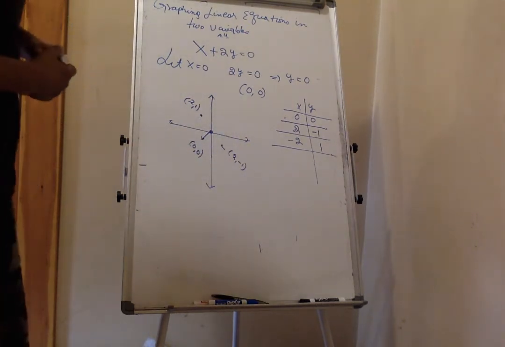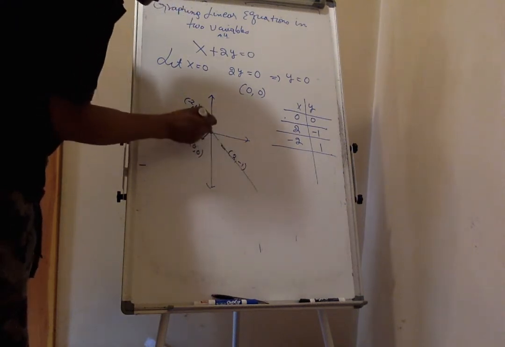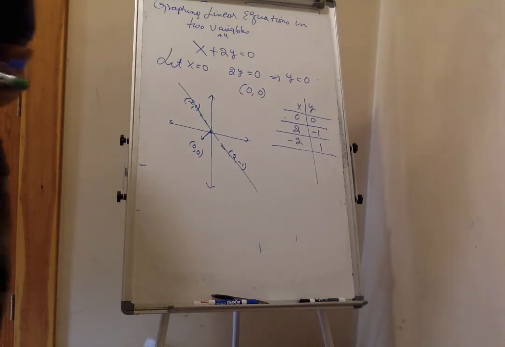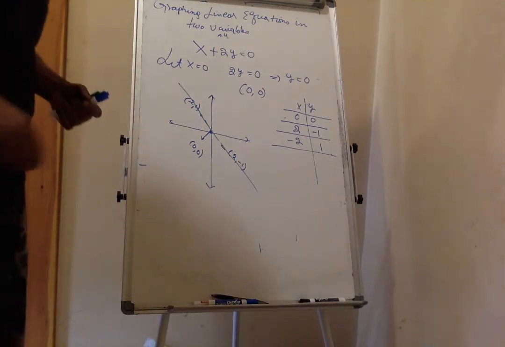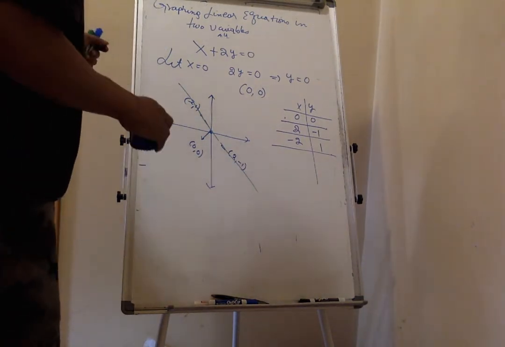Now your graph would look like this. So if you can't plot using the intercepts, you need to come up with any arbitrary ordered pair, and by plugging it in, you'll be able to draw the graph.